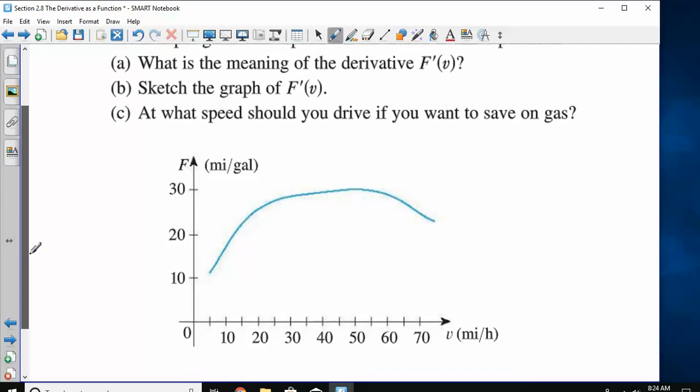What is the meaning of the derivative? Okay, you guys have to be able to tell me what the derivative is. It is a rate of change, yes.